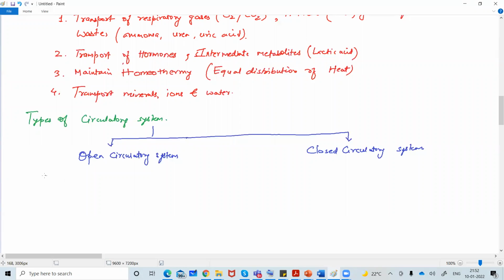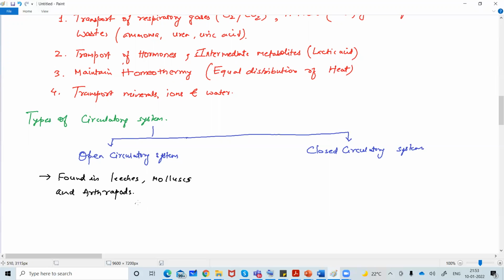This open system is found in arthropods. You can say found in leeches, right, molluscs, and arthropods. All these have open circulatory system.